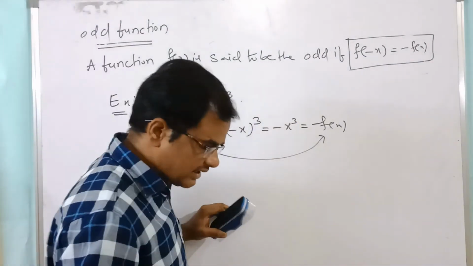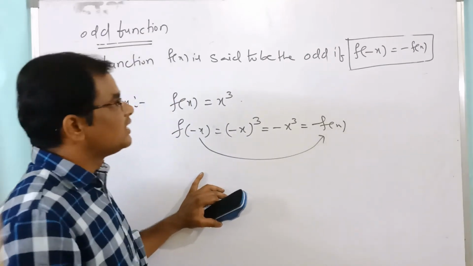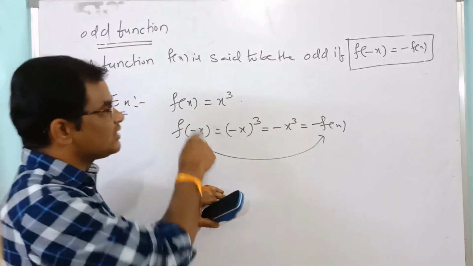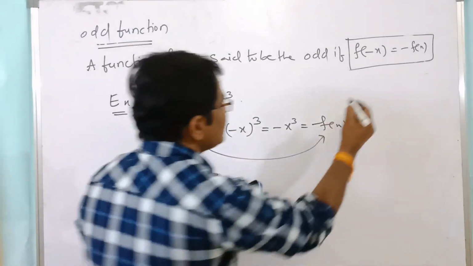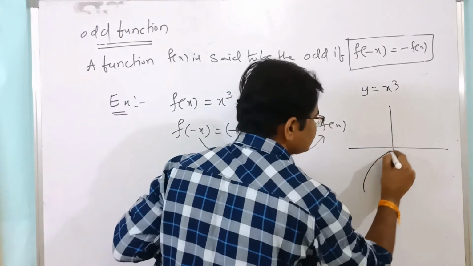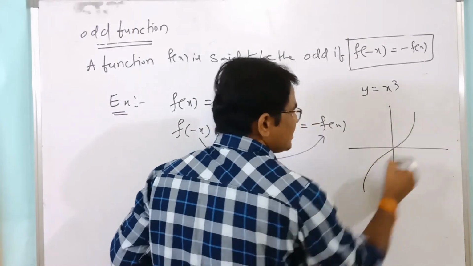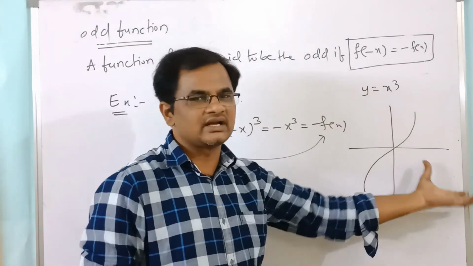So if you draw the graph of f of x equal to x cube, then what will you get? y equal to f of x equal to x cube. Draw the graph like this. This is the graph of y equal to x cube. If you take some x values and y values, you will get it like this.